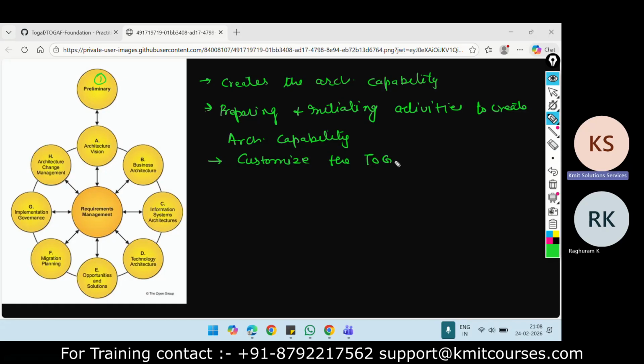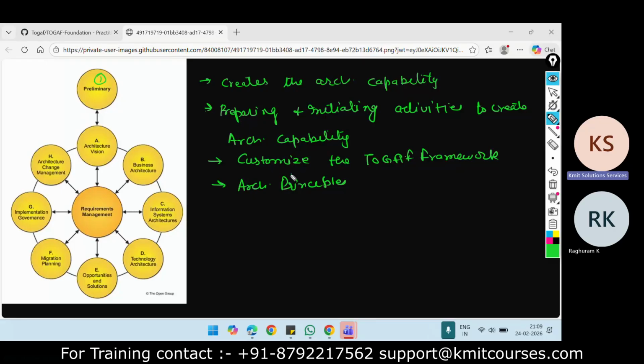Here, we are defining the architecture principles. Capabilities from the organization's point of view, right?